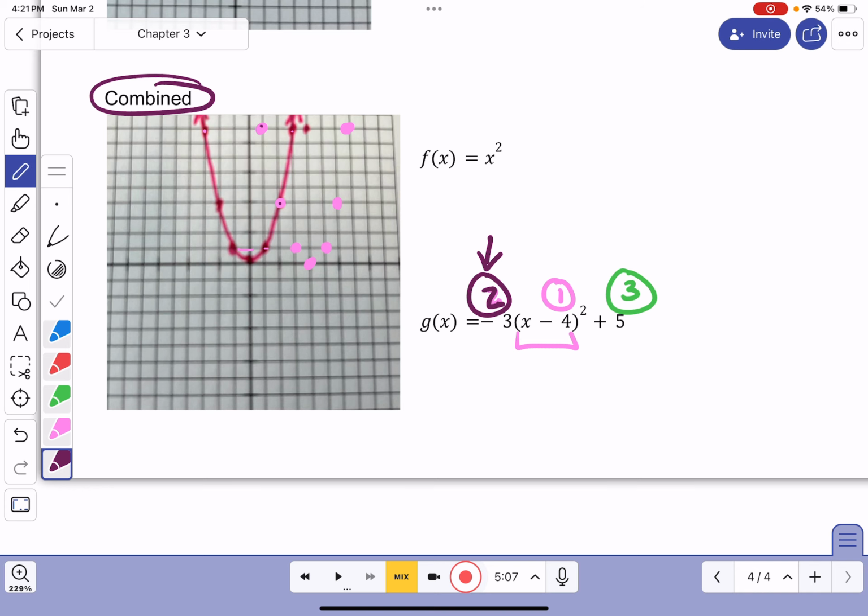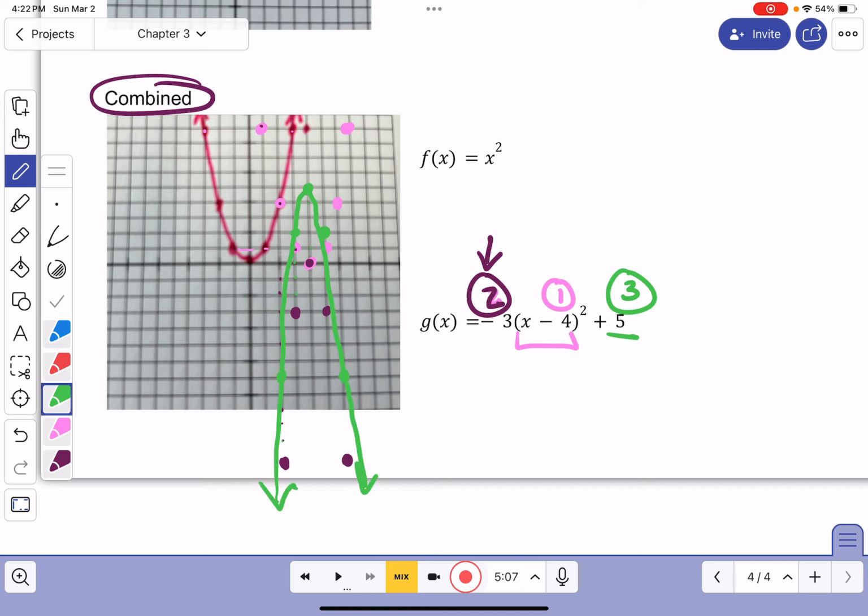But 4 times negative 3 is negative 12. 1 times negative 3 is negative 3. 0 times negative 3 is 0. And these ones are going to flip. Then I go up 5. So each of those dots moves up 5. And I can draw my final one.